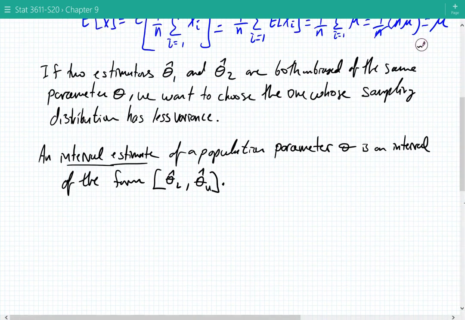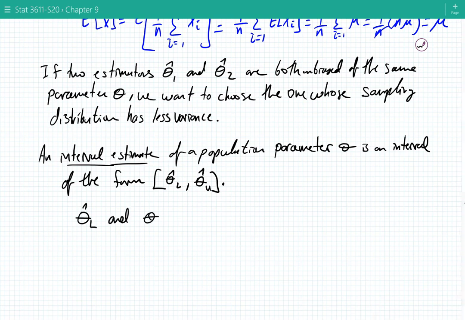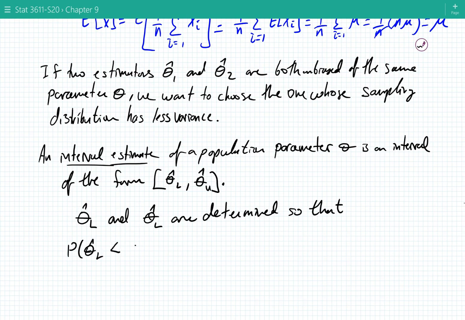Okay, so what are these numbers? The lower point estimate and the upper point estimate are determined in a very specific way. They are determined so that the probability that your parameter is between these lower and upper bounds is equal to 1 minus alpha.